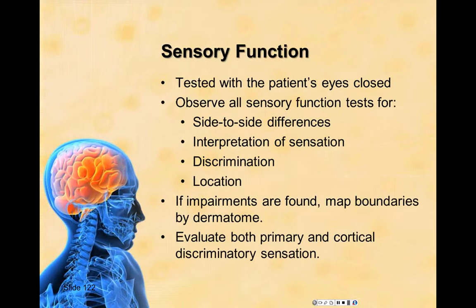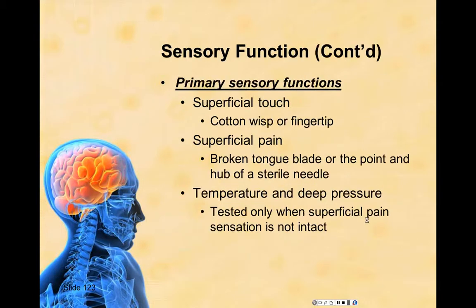Sensory function is tested with the patient's eyes closed. You're going to observe side-to-side differences, interpretation of sensation, discrimination, and location, and map that by dermatome. Superficial touch is tested by cotton wisp or fingertip.